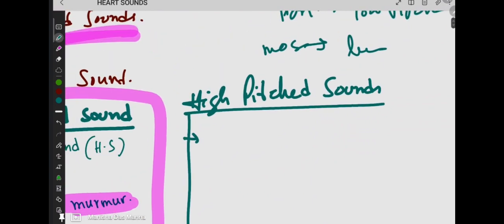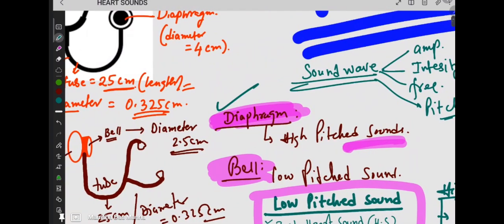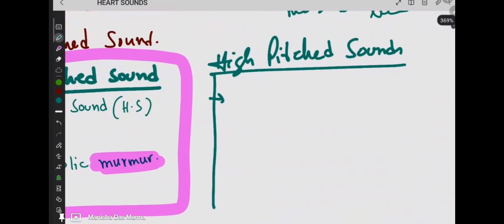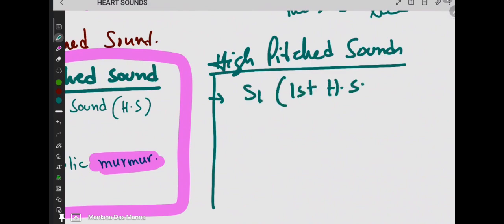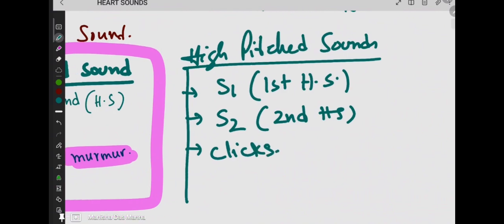The high pitch sounds, which are heard by the diaphragm of the stethoscope, are generally first heart sound S1, and second heart sound S2, and the clicks. What is a click?